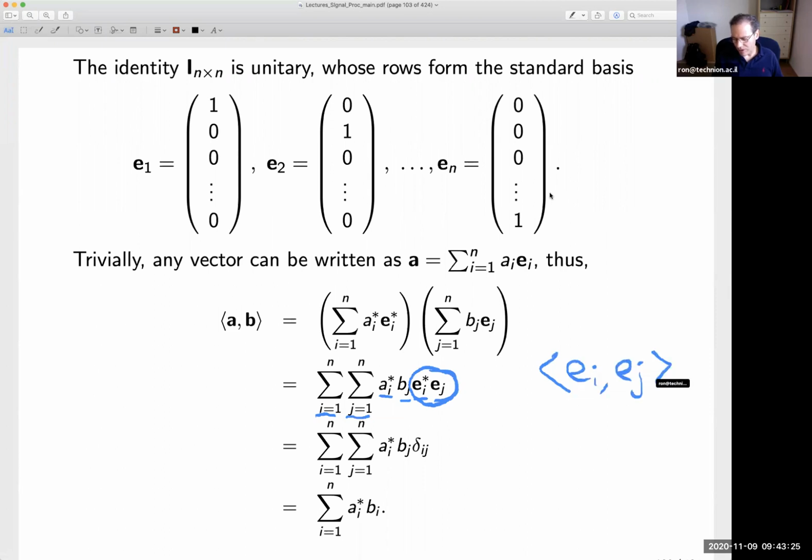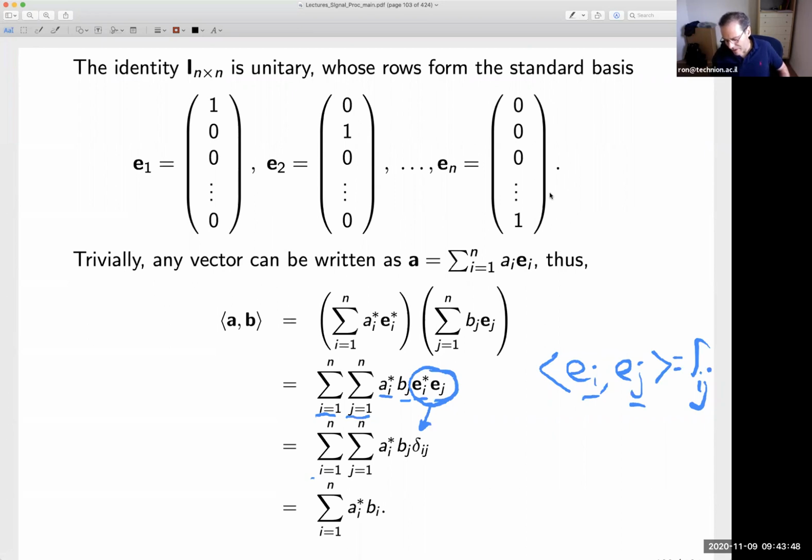And we know that the inner product of the trivial basis, the rows or columns of the identity matrix, is nothing but the delta_ij. It would be equal to 1 if i is equal to j and 0 otherwise. So I just replace it by delta_ij.